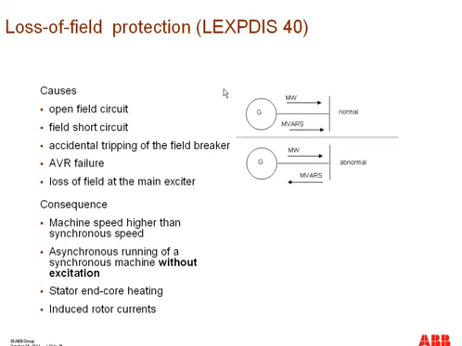There are several causes of the loss of field. That can be an open field circuit, a short circuit in the field circuit, accidental tripping of the field breaker, AVR, automatic voltage regulator failure, or loss of field at the main exciter.